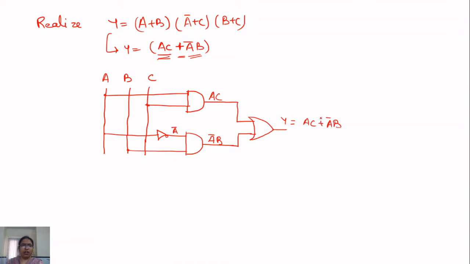So this is the realization of any logic circuit. First we have to reduce the Boolean expression. Reduce means we have to reduce the number of logic gates so that fewer gates are used while making the circuit, and then realize it in the form of a hardware circuit. Clear?